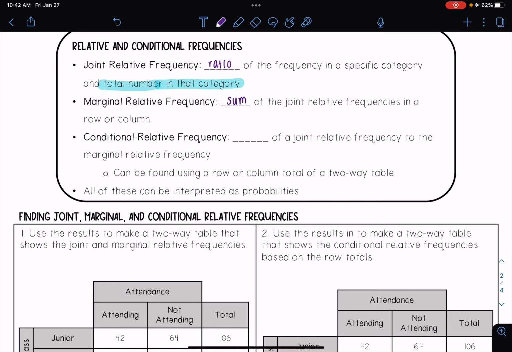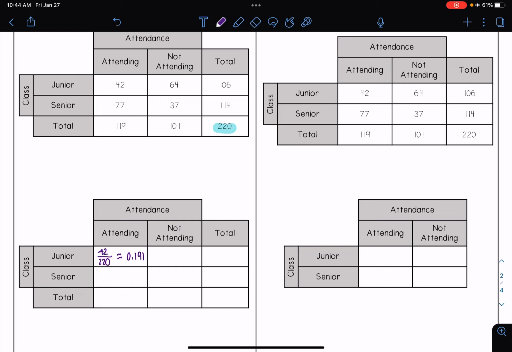So when I do 42 divided by 220, that's going to be approximately 0.191. So what that tells me is that 19.1% of the students in this survey are juniors, and they are attending the concert. Okay, and then I'm just going to keep on going.